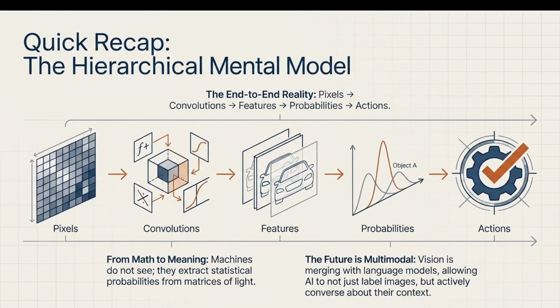Different from traditional models, where a specific model is created for a specific task, like a visual model for visual data and a large language model for text, right now we have multimodal AI, where the same model can be used for multiple tasks, for text and visual tasks, etc. It allows AI not just to label images, but also to actively converse about their context.